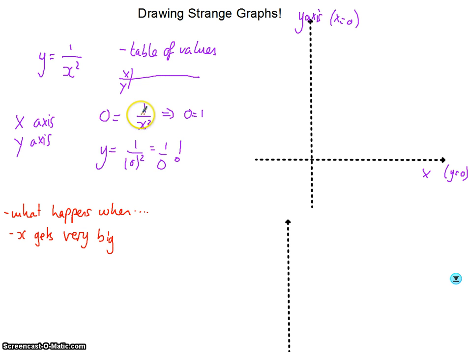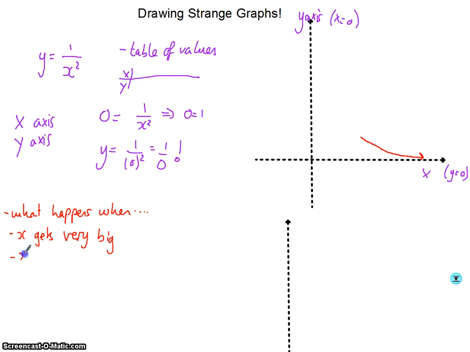Okay, so let's think about this. If x gets really big, then 1 over a really big number, if you divide by a massive number, you're going to get something really small. So as x gets bigger, y is going to get smaller. So it's going to go down in this direction, and it's not going to cross the axis because we looked at that before, didn't we? So it's going to go in this direction.